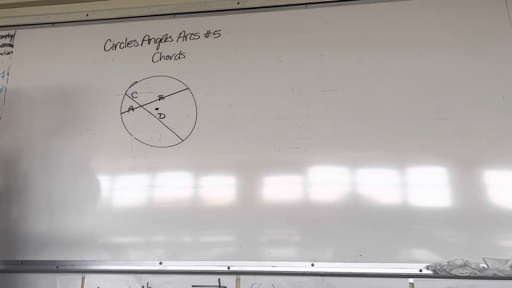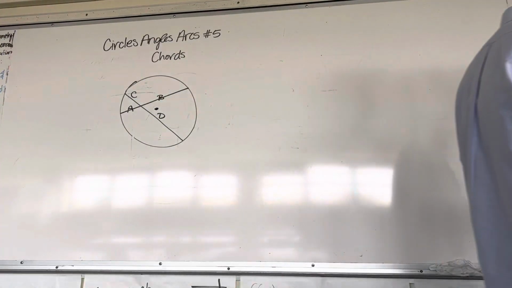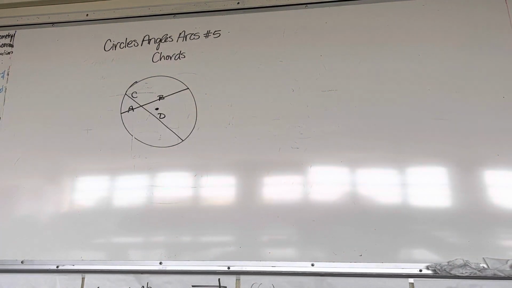The relationship that these set up is the following. When 2 chords are in a circle, the product of the 2 segments of one chord is equal to the product of the segments of the other chord. What does that mean?